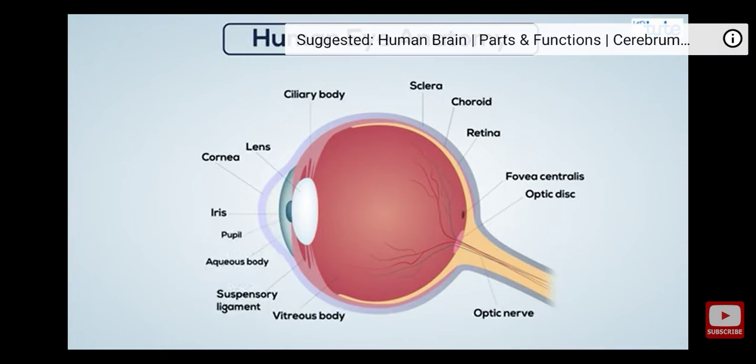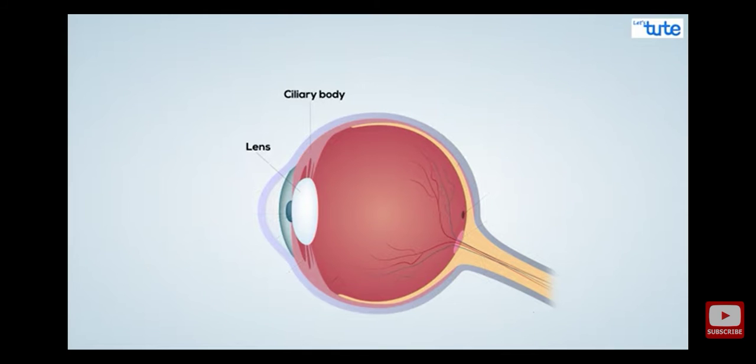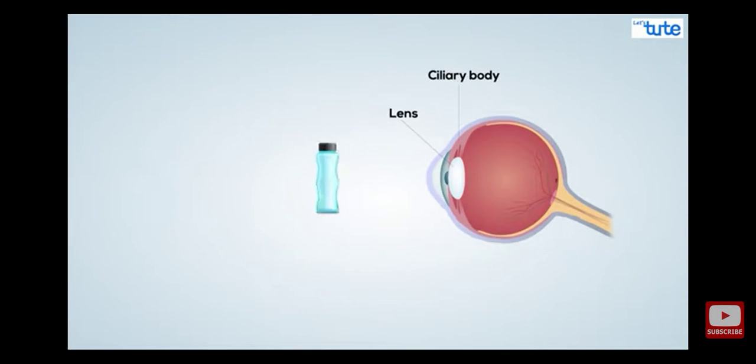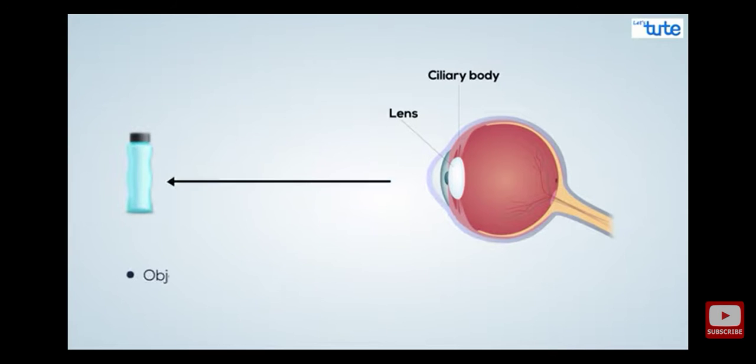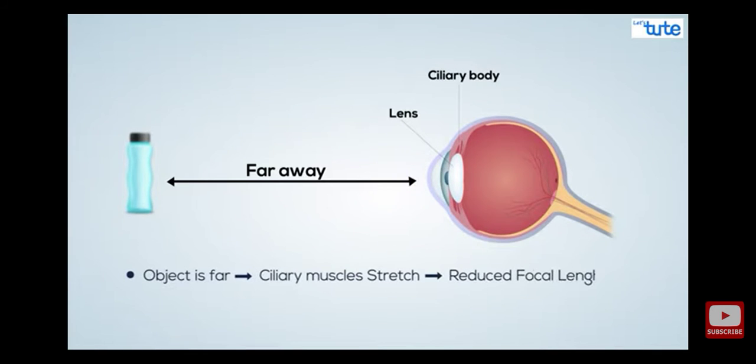Now, in a human eye, there are a lot of different parts as you can see, but we are more focused on the lens and the ciliary muscles, which help us to see near and far objects. When you are looking at something which is far away, the ciliary muscles stretch the lens and reduce the focal length, which makes the object clear.